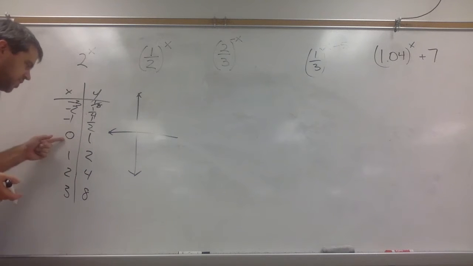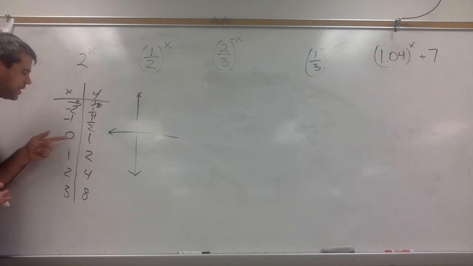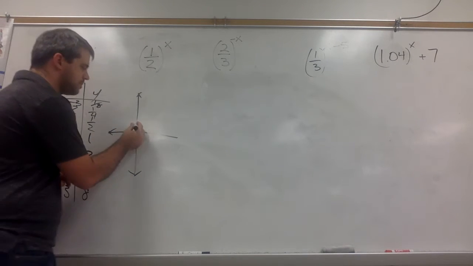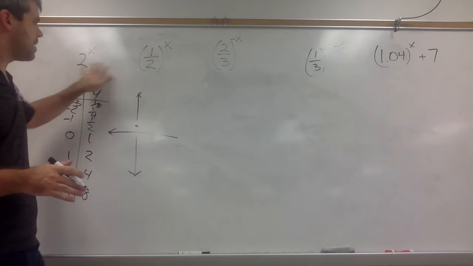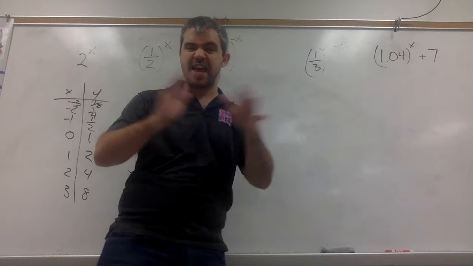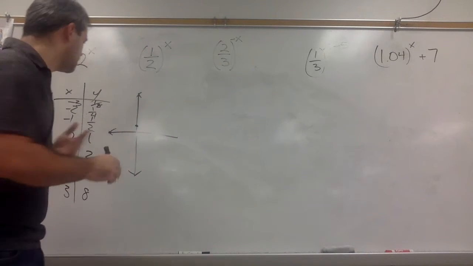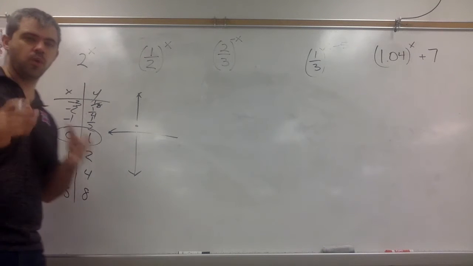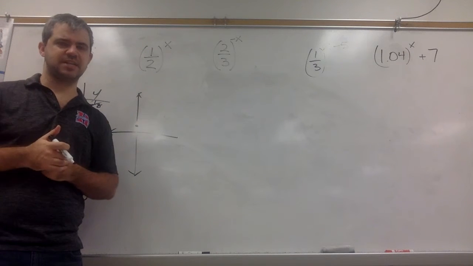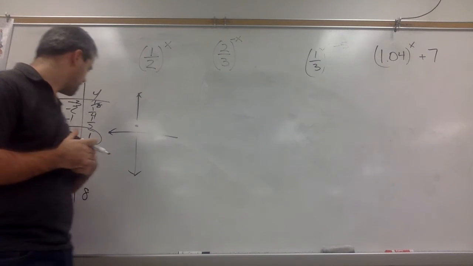Well, you'll notice we don't have that, okay? Because when we put in the 0 power, it's always going to be 1. And that is not going to change no matter what our base is, because anything to the 0 power is 1. So we're always going to have this point 0, 1, unless we've shifted it somehow, okay?